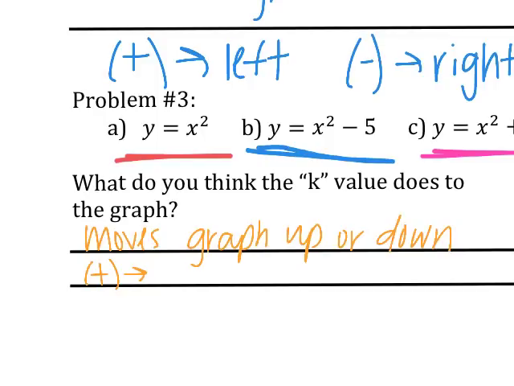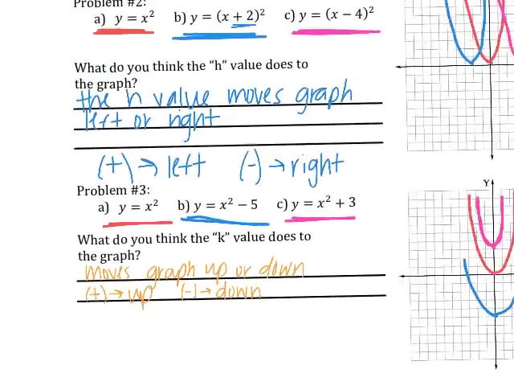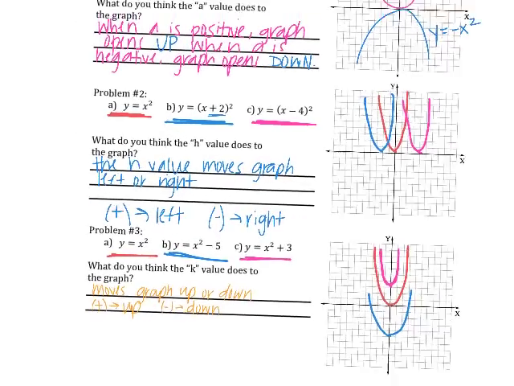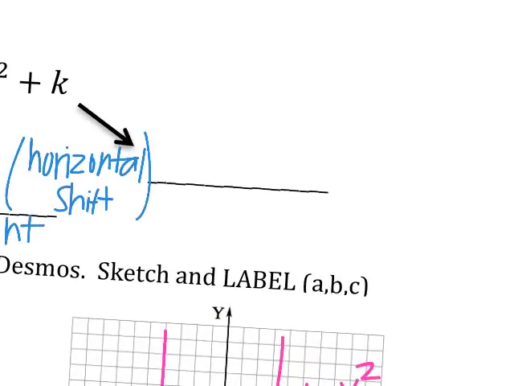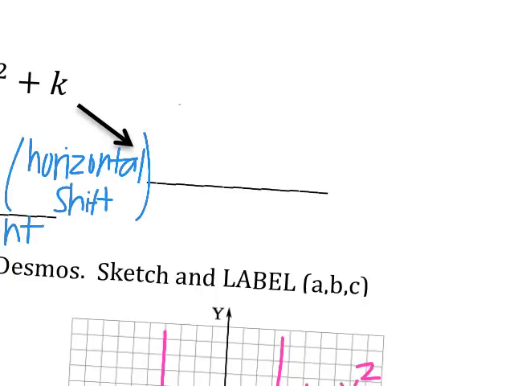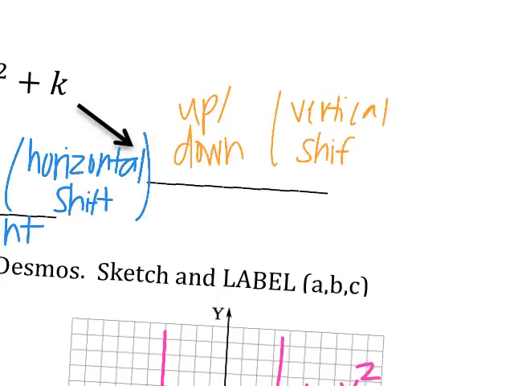Good, up. Which means if it's negative, it is going to move it down. Okay, so remember the K value is just like we would think, and then that H value is kind of opposite of what we think. All right, so up here I'm going to write up or down, and that is a vertical shift. Okay.